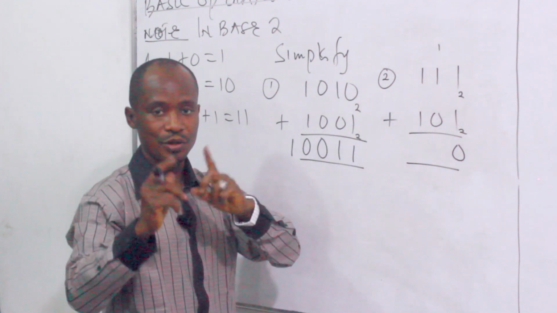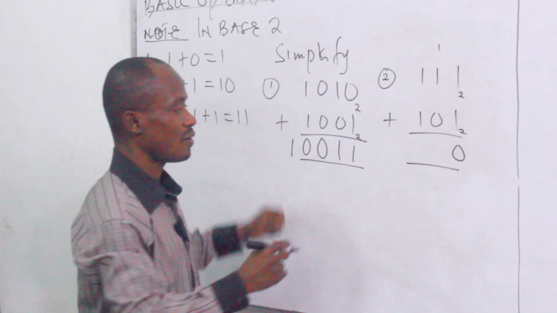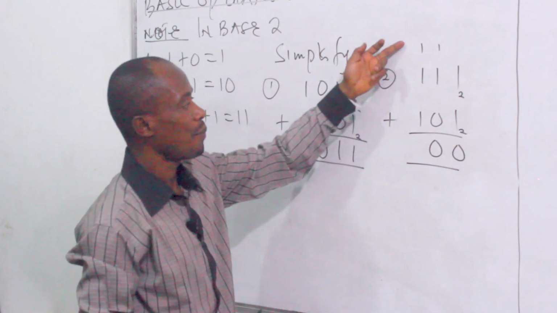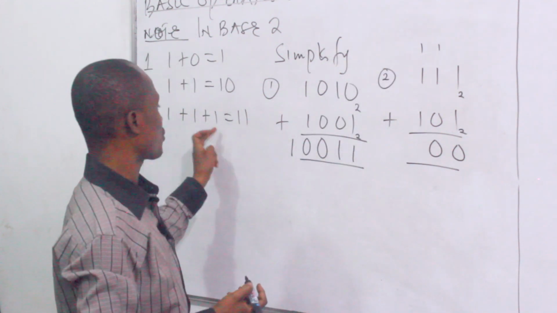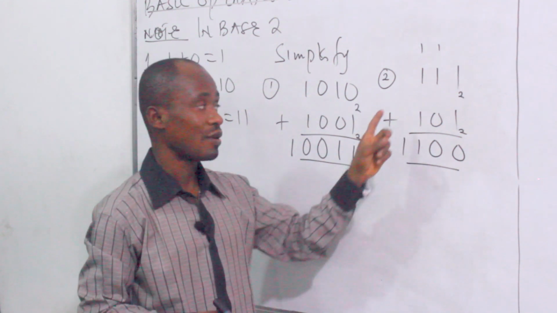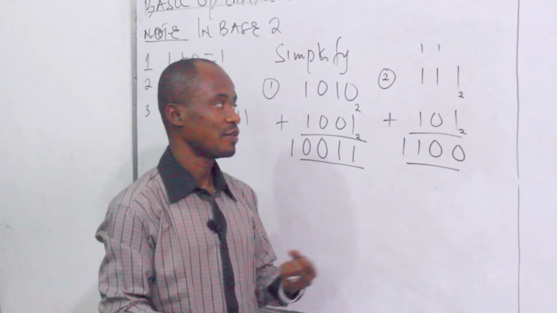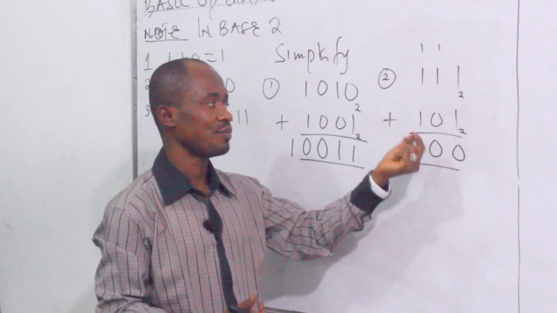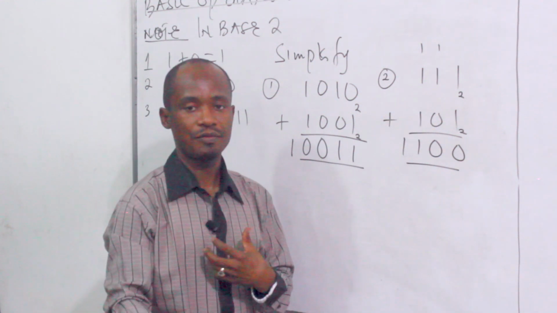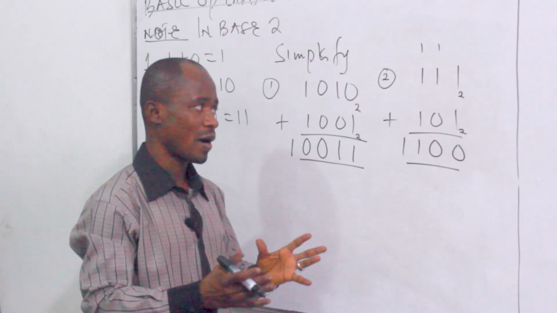We have 1 bundle remainder 0. Then 1 plus 1 plus 0 is still 1, 0, so we write 0, carry 1. We still have 1 carry. Then 1 plus 1 plus 1 is 1, 1. So we have 1, 1, 0, 0. When converted to base 10, 1, 1, 1 is 7, then 1, 0, 1 is 5. So invariably, it is 7 plus 5, which is 12, while 1, 1, 0, 0 is 12 in base 10. So these are the various ways that you're expected to handle your number bases.